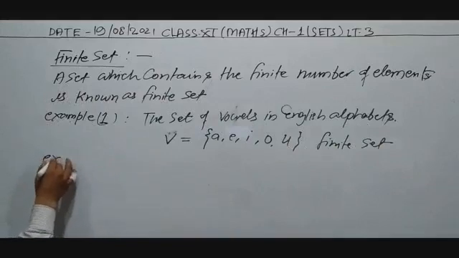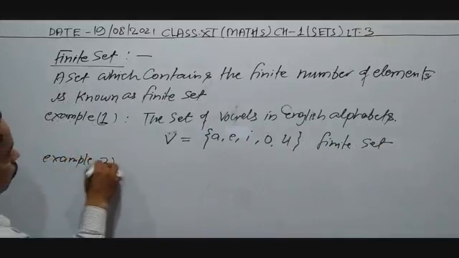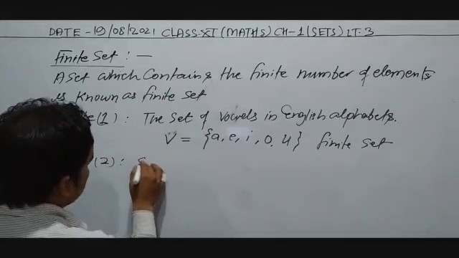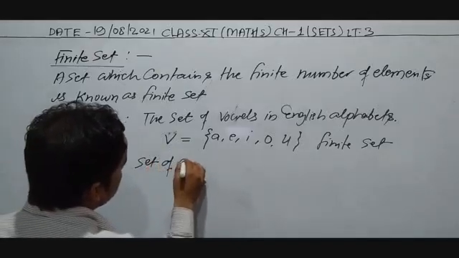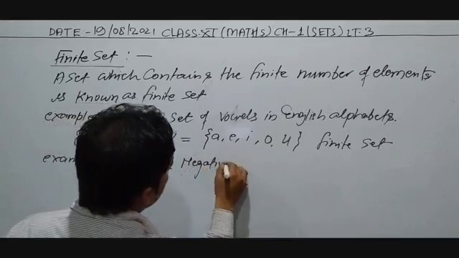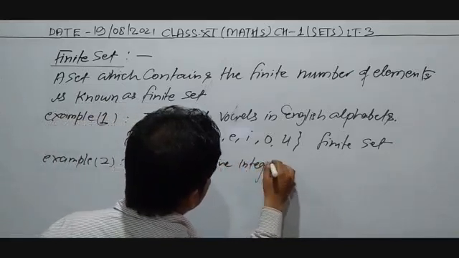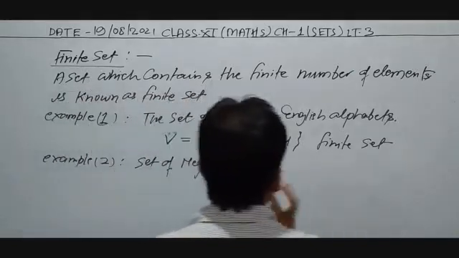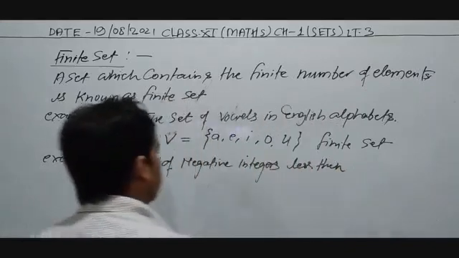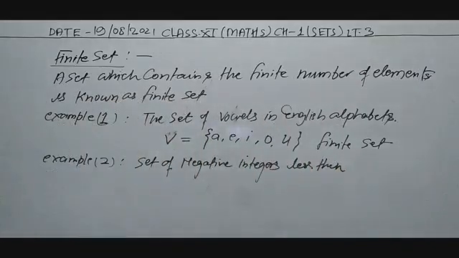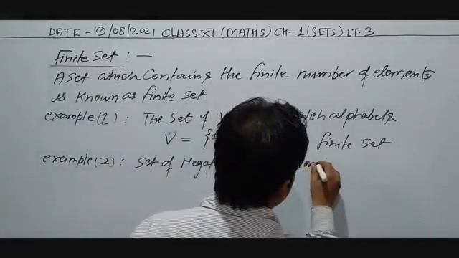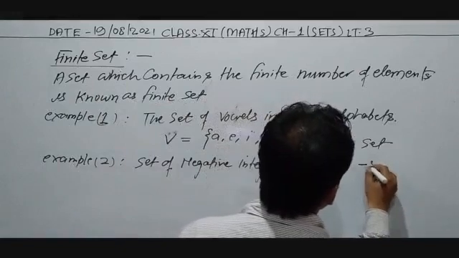Example 2: set of negative integers more than -5.